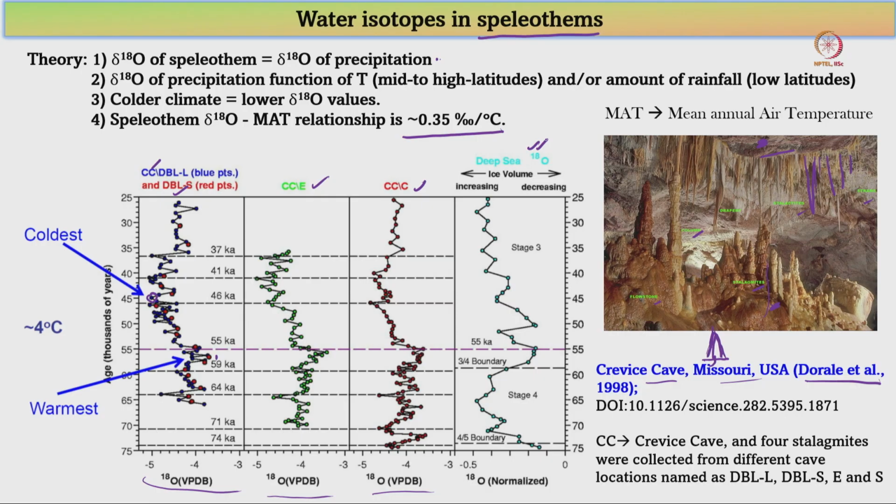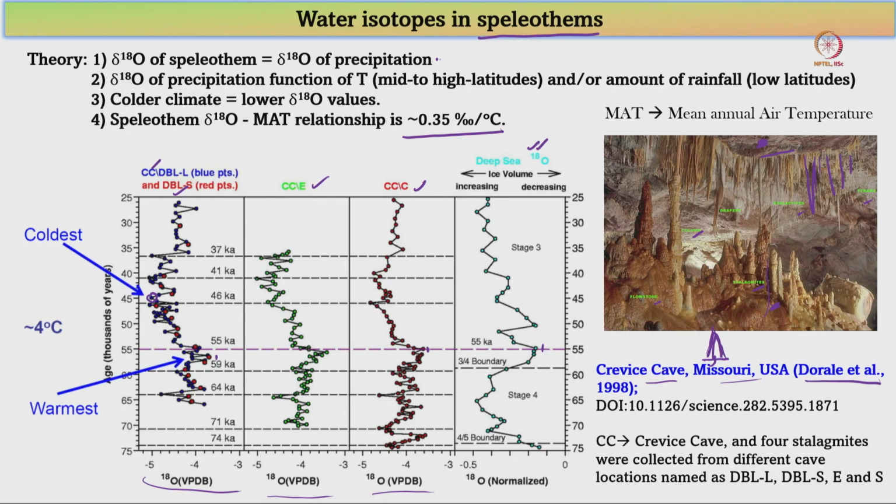Okay. But this is not using stalagmites, this is using some other data. Here we also plot the same time period, the delta 18O, and we see whether this kind of high air temperature matches with the ice forming. Here it is the ice volume that they have shown.